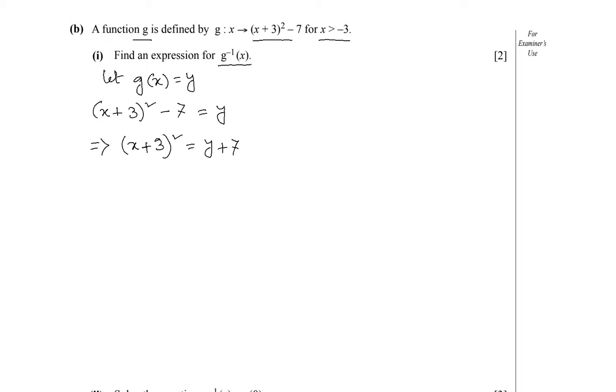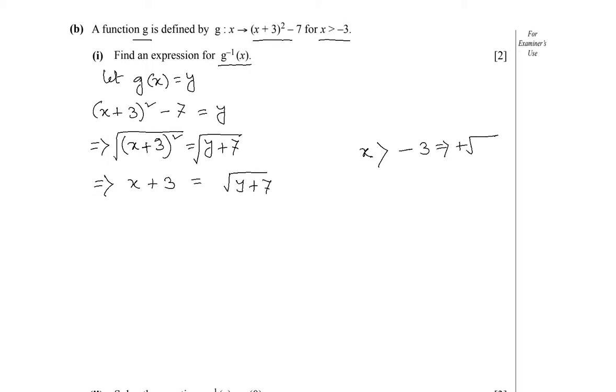Now let's square root both of the sides. In the next line I will get x + 3 = √(y + 7). Why didn't I use the plus minus sign? Let's think about the domain. The domain is given as x > −3.